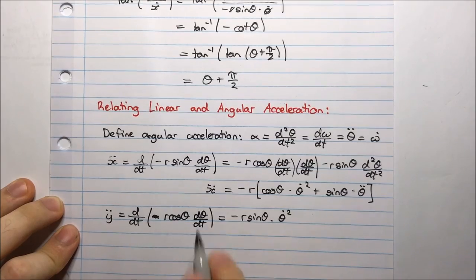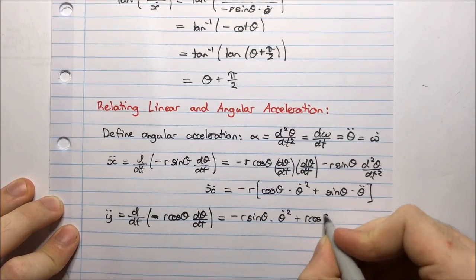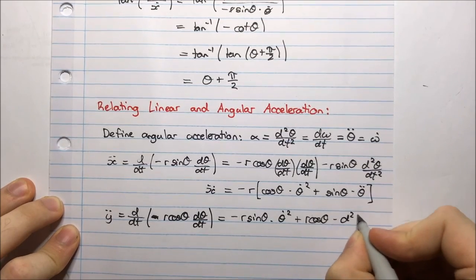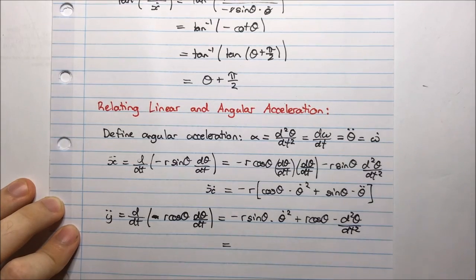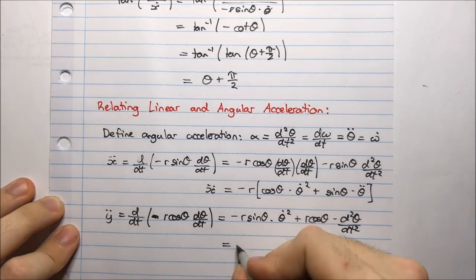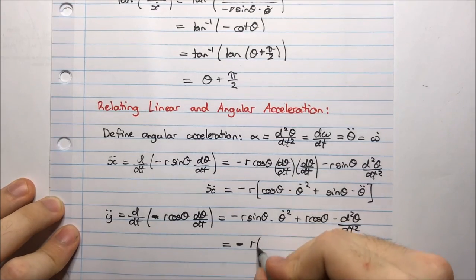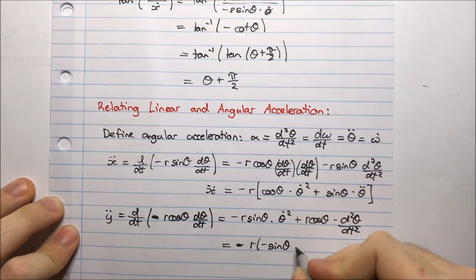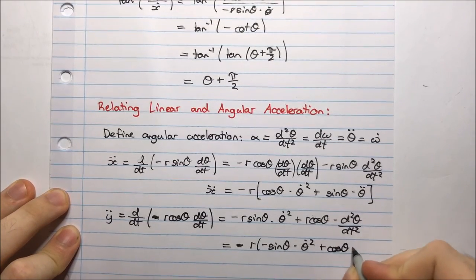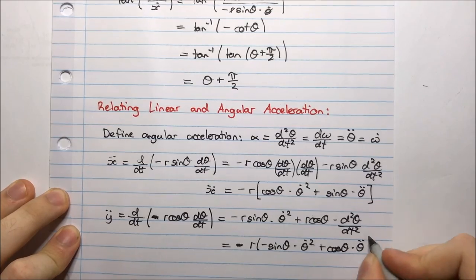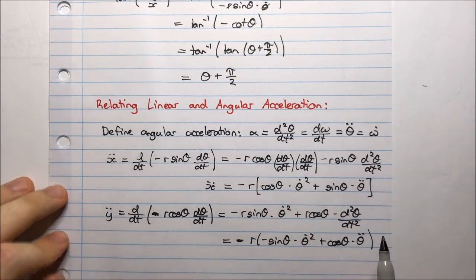And now I leave the first and differentiate the second. So that's r cos theta, and again I get d2 theta on dt squared, which I should have written as theta double dot, but never mind. Now I'll just factor out an r, and I'll have minus sine theta times theta dot squared plus cos theta times theta double dot.